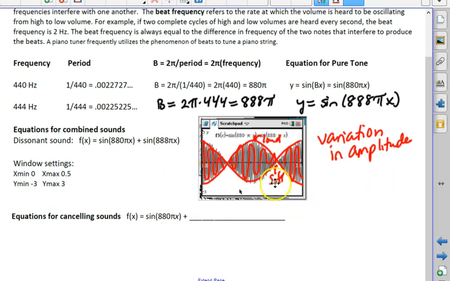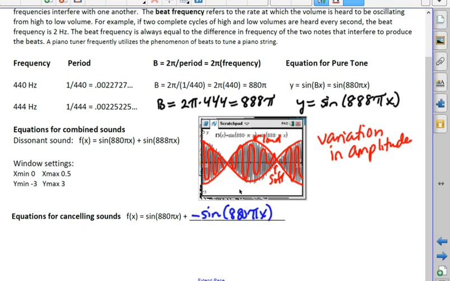Well, no, remember, we're adding the y values. So if we can figure out a way to add 2 equations where the y values are just opposites of each other, the sound would completely cancel out. Well, you might think about it a minute. Okay, a sine wave that would be exactly opposite of this sine wave would just be negative sine of 880 pi x.